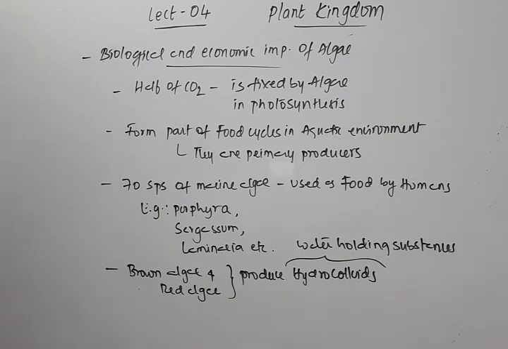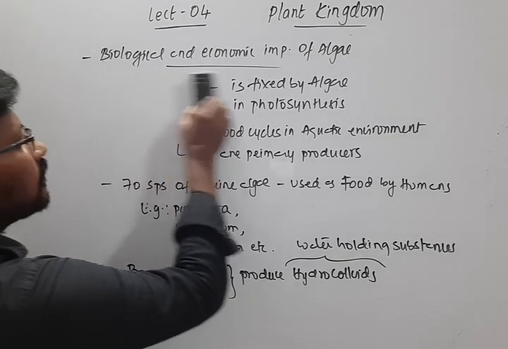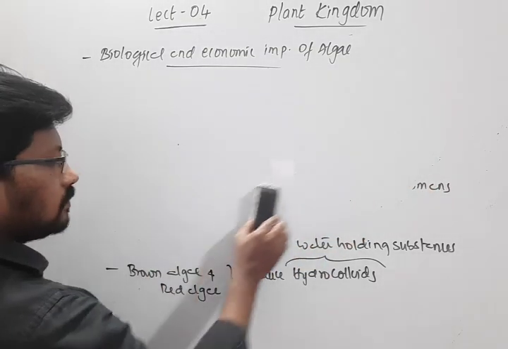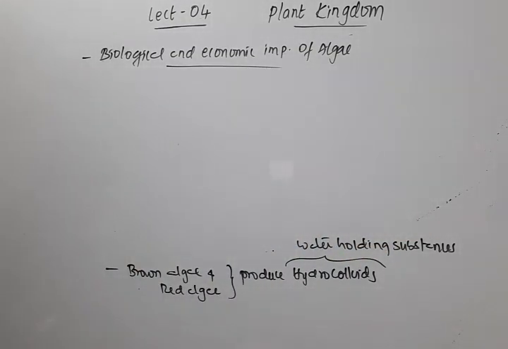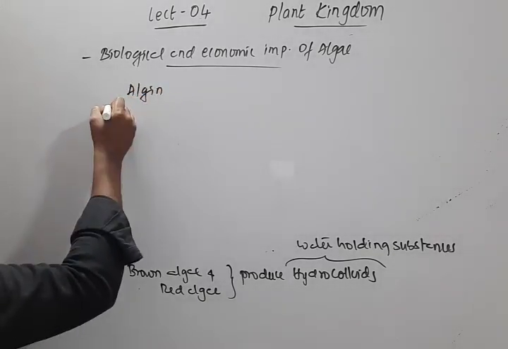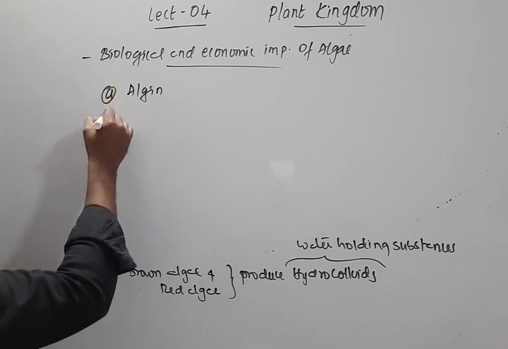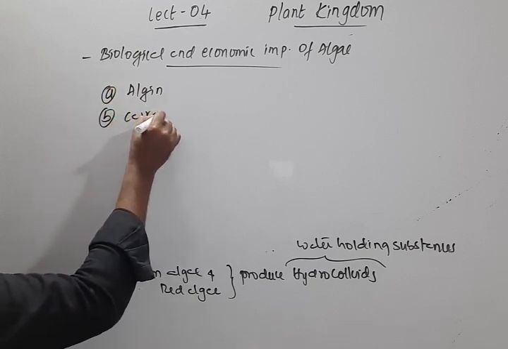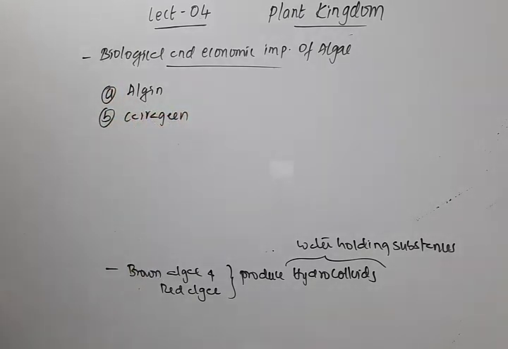For example, algin and carrageen are hydrocolloid substances.